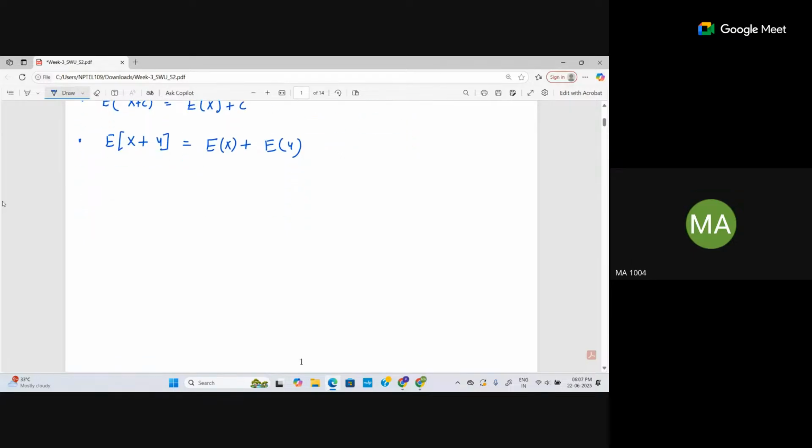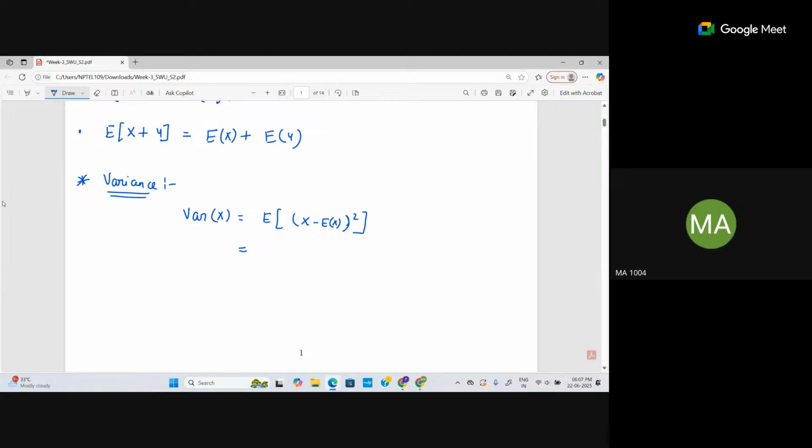So what is the formula for variance? Expectation of x minus expectation of x, whole square. So the variance of x is the expectation of the squared difference between the variable and its mean. Okay, so this is the definition of variance.